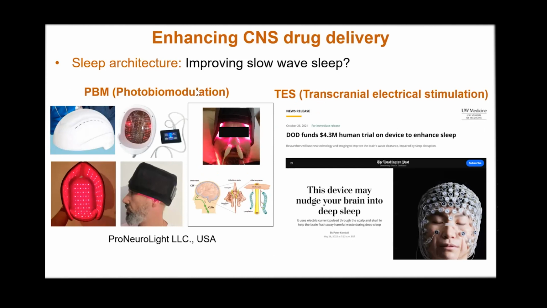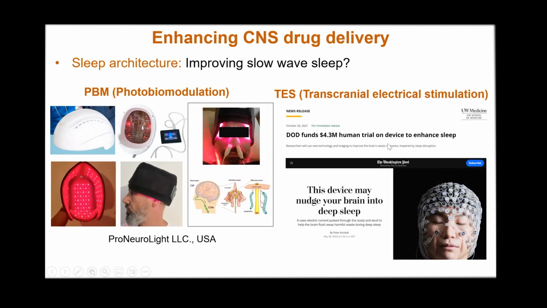For instance, the photomodulation, which employs near infrared light using transcranial approaches and also intranasal probes, which shine light and affect the brain fluids. Whether this would have an influence on the lymphatic system is currently ongoing.